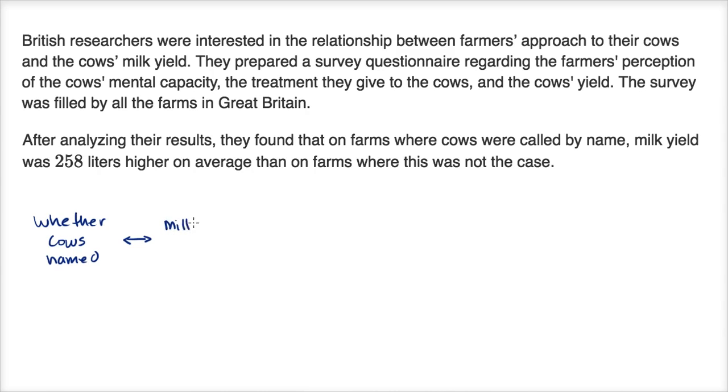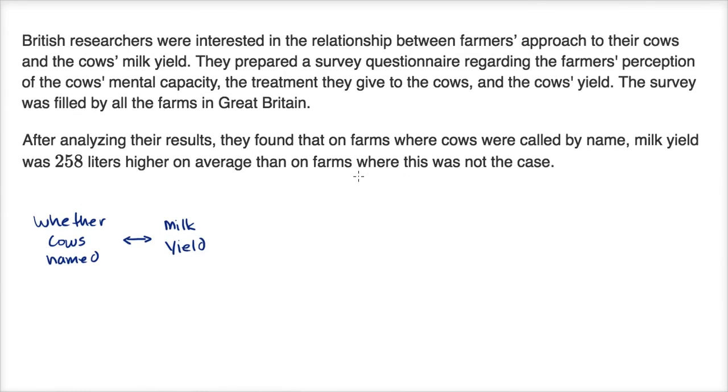And this would be a quantitative variable because you're measuring it in terms of number of liters. They're saying, hey, when the cows were called by name, milk yield was 258 liters higher on average than on farms when this was not the case.